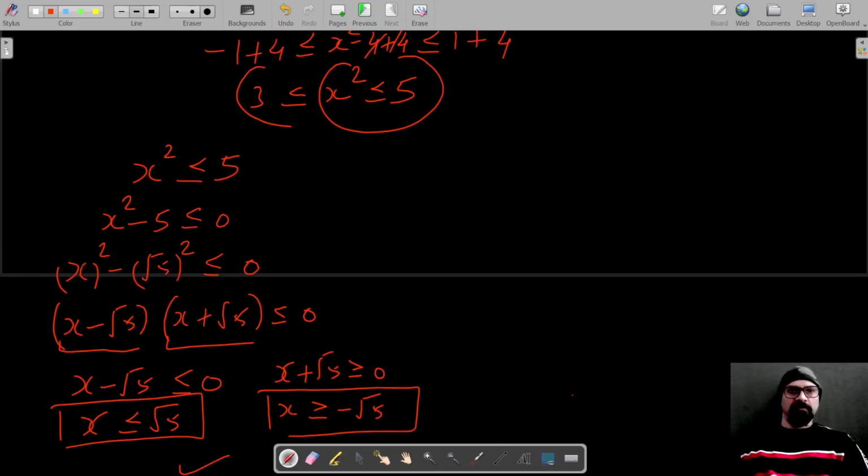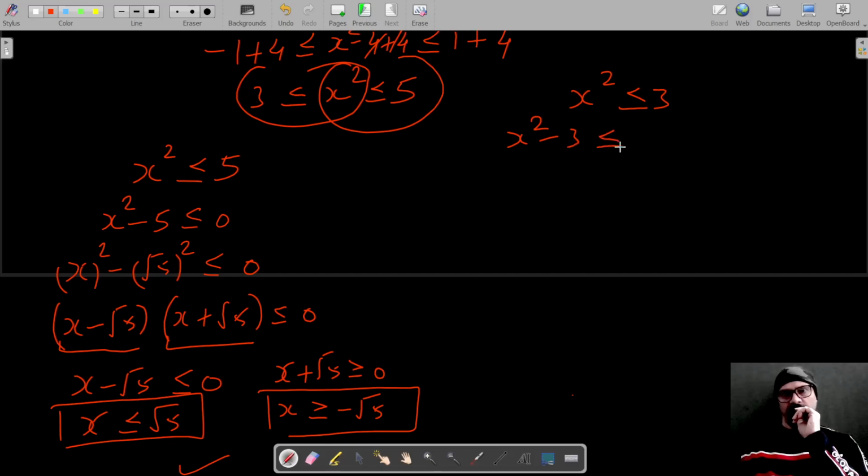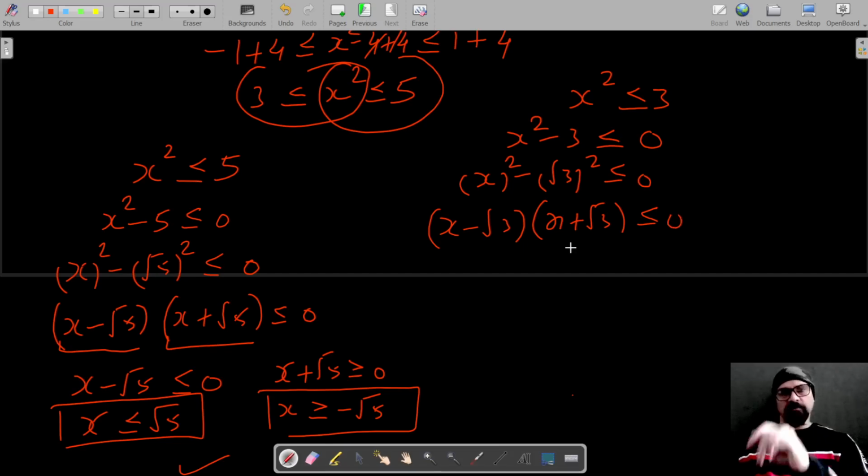Now let's consider the second part of this inequality, which says x square is greater than or equal to 3. So x square minus 3 is greater than or equal to 0. This is a square minus b square, which is a minus b into a plus b, greater than or equal to 0.